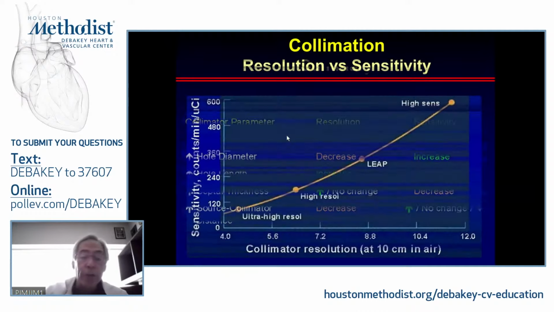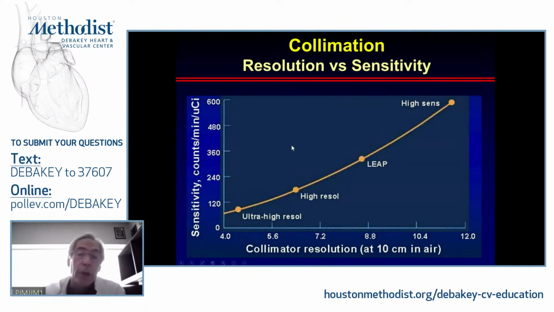It also turns out that different collimators have different resolution and different sensitivity, because remember, the collimators, whether they're ultra high resolution, or high or low energy, or relatively low resolution collimators, the differences between these collimators are the size of the holes and the length of the holes in the collimator.